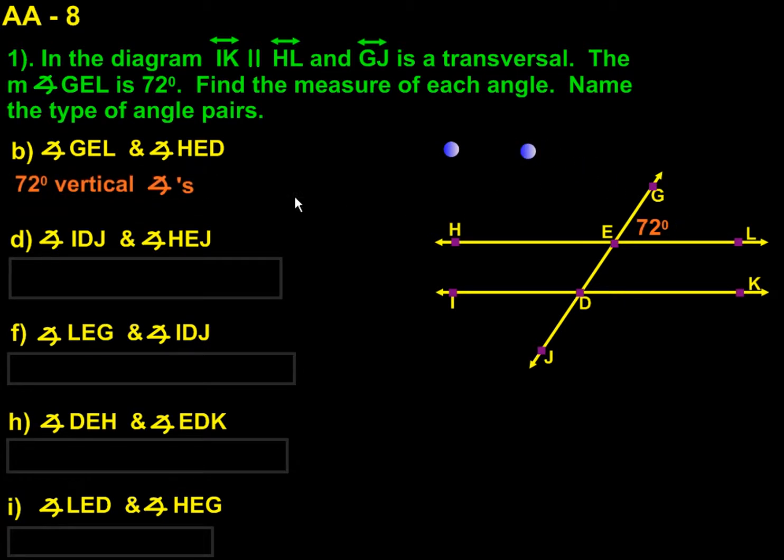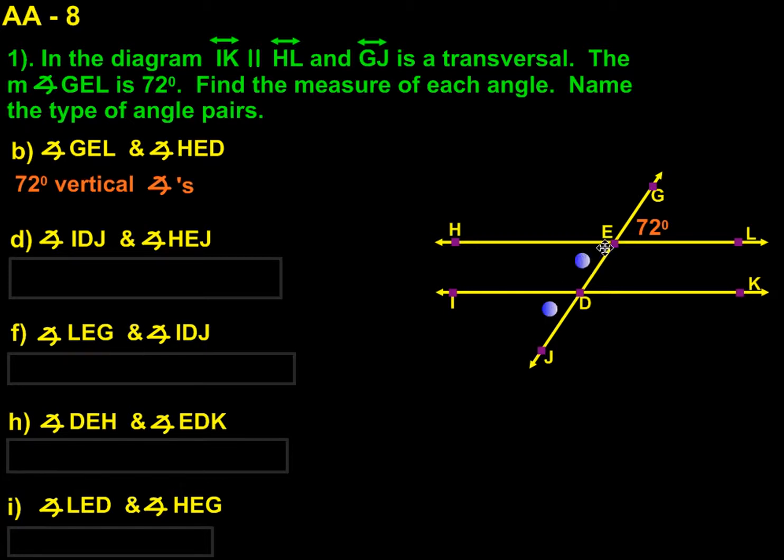The next pair of angles we have are IDJ, which is right over here, and HEJ, which is right here. And we can tell they're both on the same side of the transversal line, so that tells me that they are corresponding.